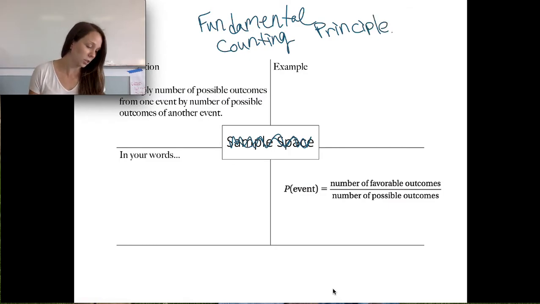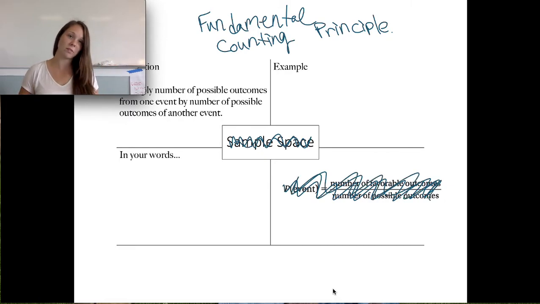And then also this here with the probability computation is not needed for this either. So a couple of errors there, so I apologize for that.